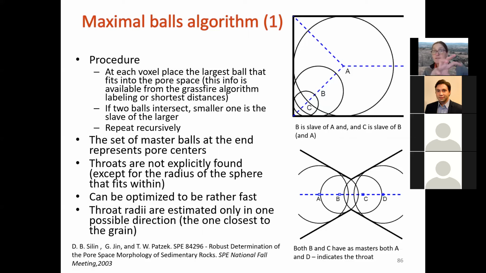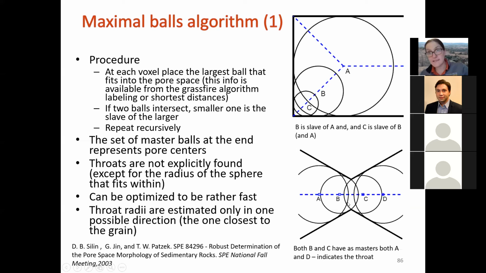So they're not going to be master or subordinate of each other. It's these master spheres that I arrive at after processing this recursively that are my pore centers. And I find my throats in this line of succession, A and its subordinates and D and its subordinates.